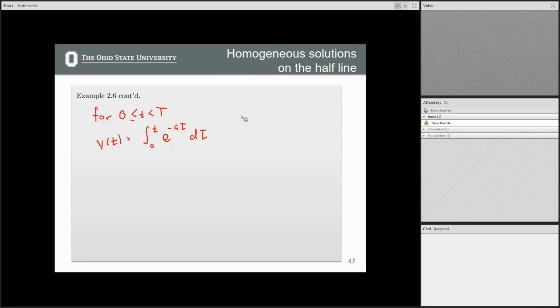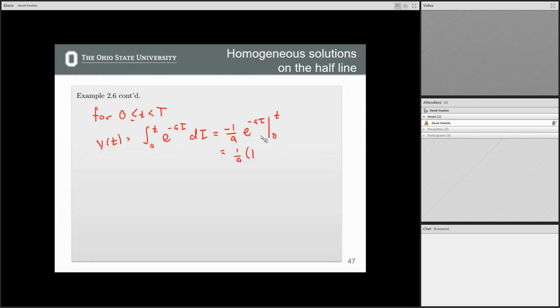Okay? So in this domain, I get negative 1 over a, e to the negative a tau, evaluated at 0 and t, which is going to give me then 1 over a.